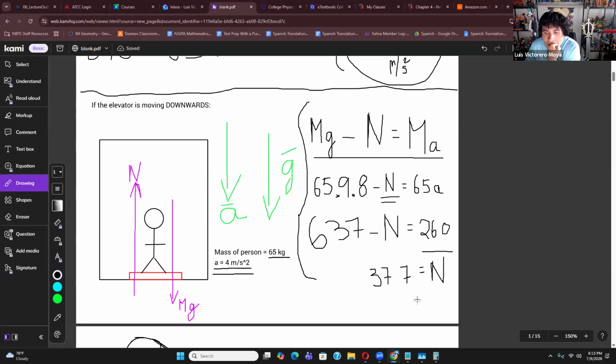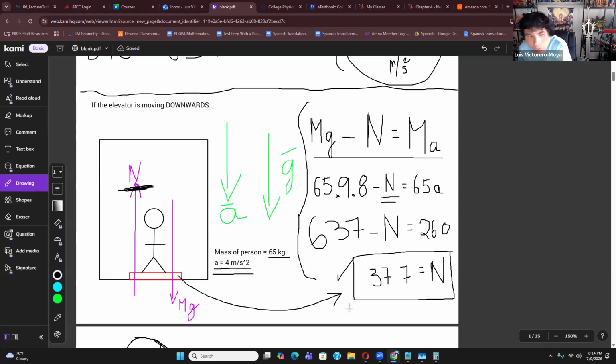So the normal is way less now. Again, it makes sense because since now you're going down, your body is exerting more force than whatever the normal is. So that's the scale reading when the elevator is going downwards. All right, so there you have it. That's a situation there.